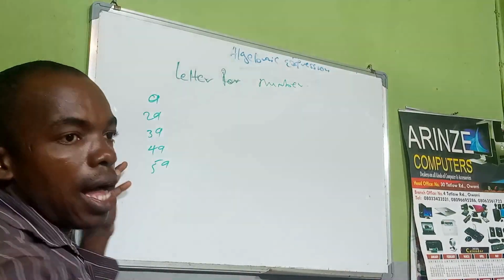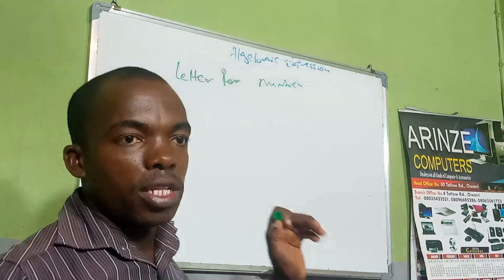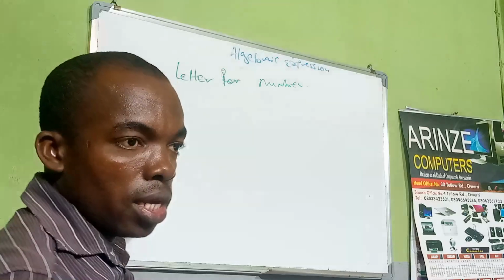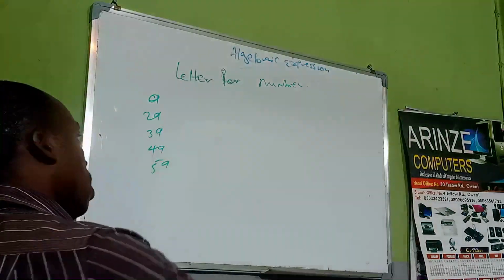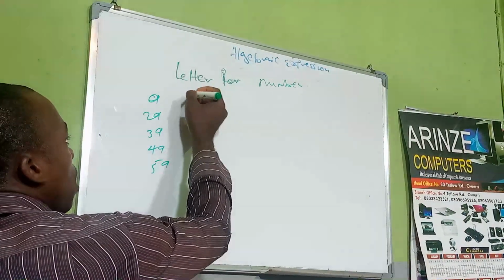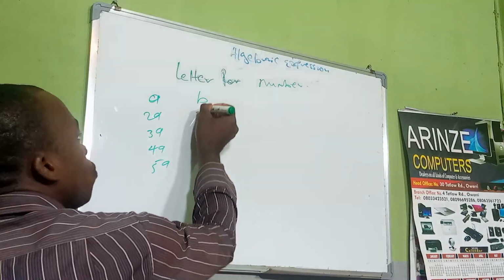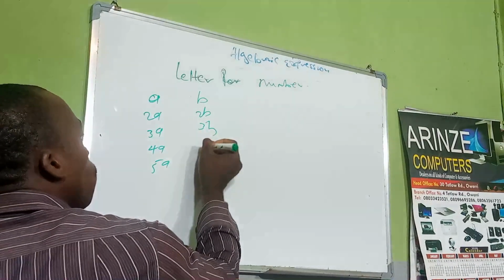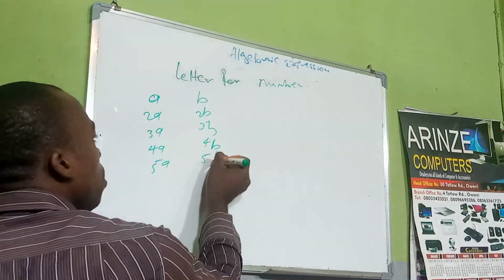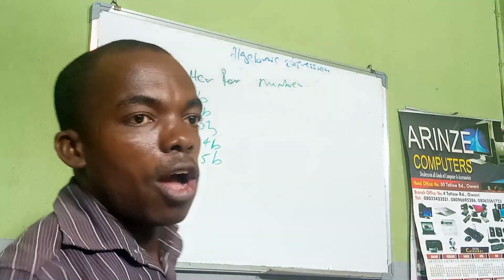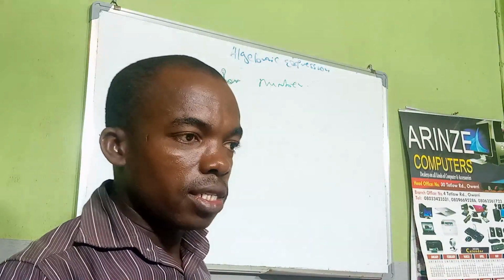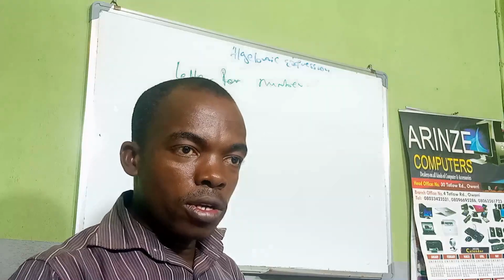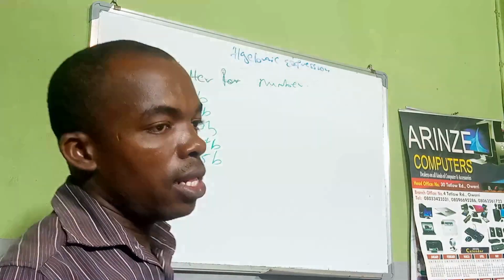All these are similar letters. Then we have B, 2B, 3B, 4B, 5B. They are all similar letters.